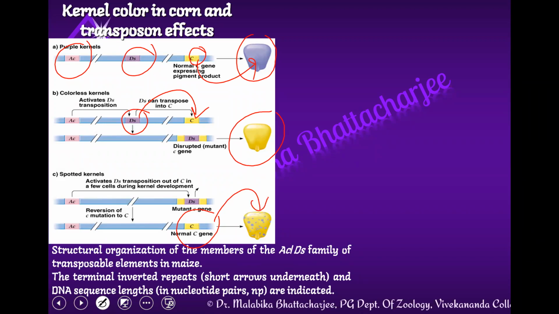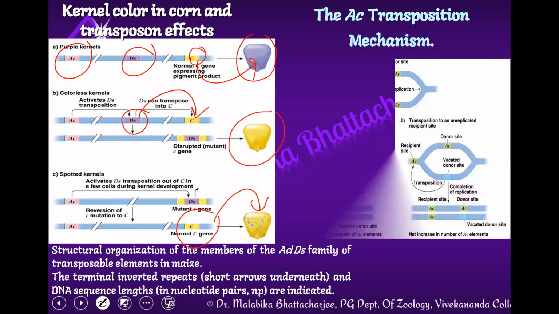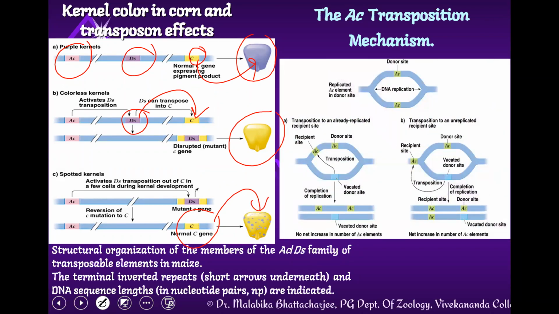So this is an experimental phenomenon which was observed by McClintock, and this is how the AC elements can often increase their number. If you remember, when we were doing the retrotransposons present in humans, you saw that LINE specifically constitutes about 21% of the human genome.